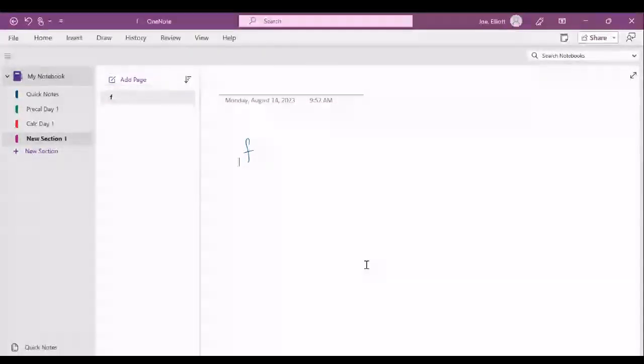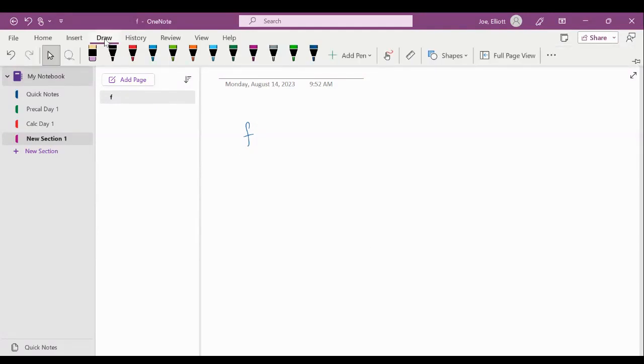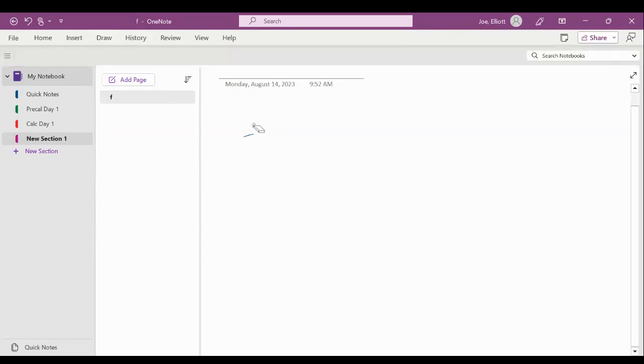This is OneNote. Okay, let's do this. I've never used OneNote in my life before. Where's the eraser? Okay. All right. So, can everybody see my page? Elliot, can you see my page?